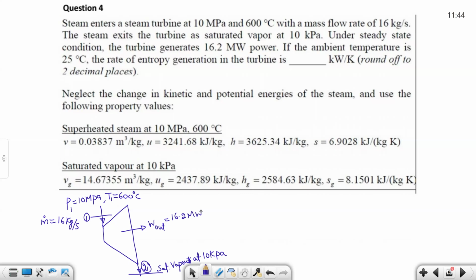Since everything is given in kilowatt and the entropy generation in the turbine is asked in kilowatt per Kelvin, so we will take this as kilowatt.